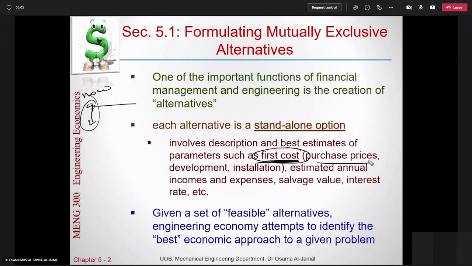Maybe it's a purchasing price, development to build something, installation, commissioning, insurance, all that needs to be paid at time 0. The word first here doesn't mean year 1. No, it's the first cost that's going to be paid to start the project, which is at time 0. Any coming periods after that will be 1, 2, 3. So the first one is the first cost.